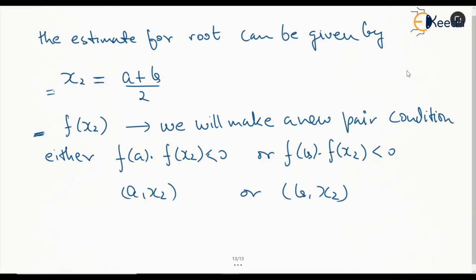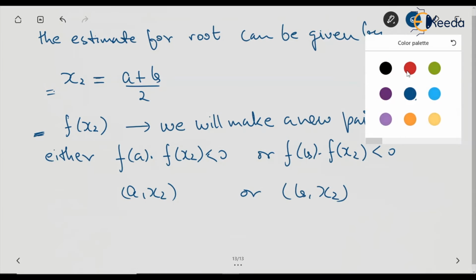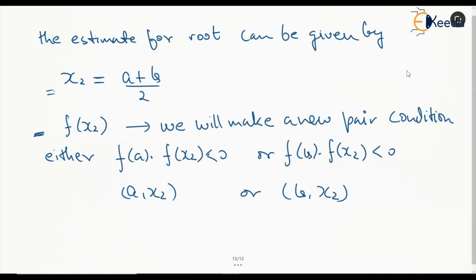So if let's say f of a was positive and f of b was negative and f of x2 comes out to be negative, in that case we are not going to make a pair of x2 and b because they both are negative. So negative and negative will become positive, right?